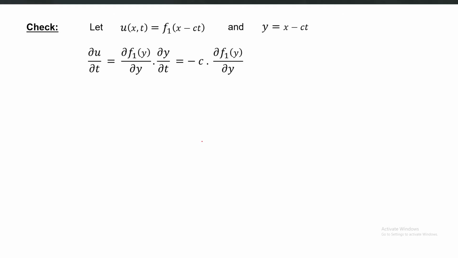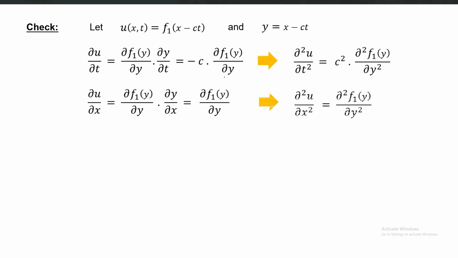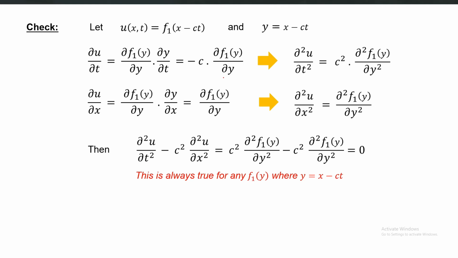Let's quickly check by putting these two functions in the original equation, and see if they satisfy the original governing equation or not. Let's say that u of x comma t, the solution, is equal to the first function. If we can prove that these two functions f1 and f2 are separately solutions of the governing equation, then their sum will be the general solution.